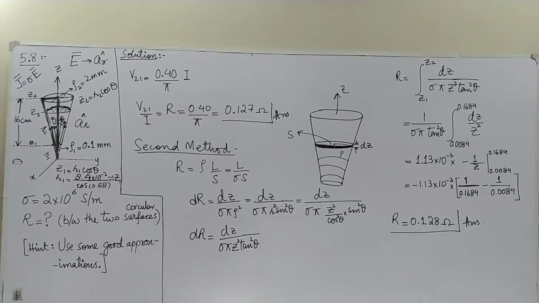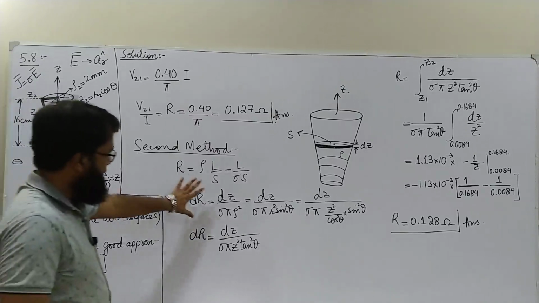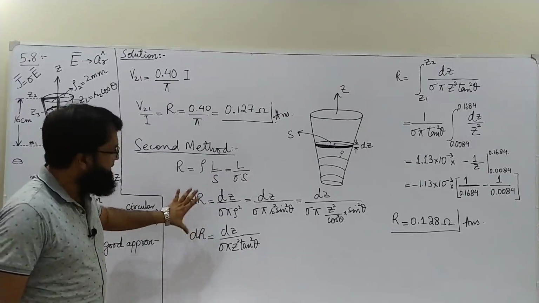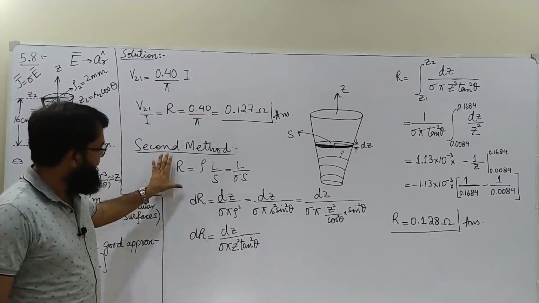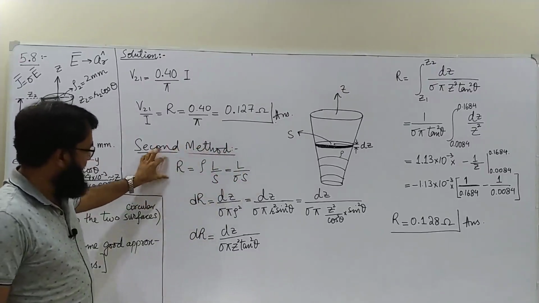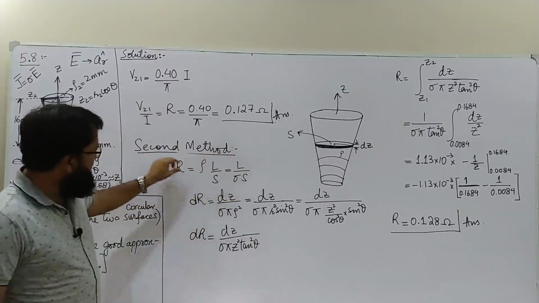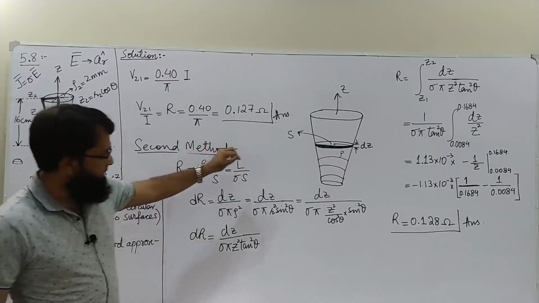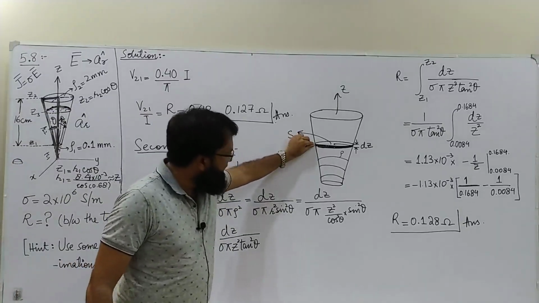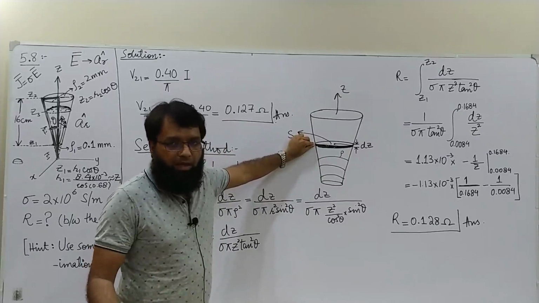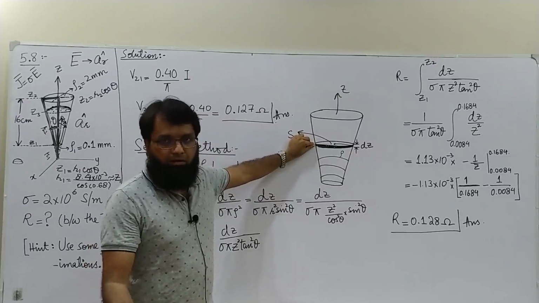Okay, so this is the second method, which may be less wordy, but has, however, used the approximation of the thin cone. By the way, we are using this expression to find the differential component of resistance due to a differentially thin disk, which can be treated as a cylindrical surface.